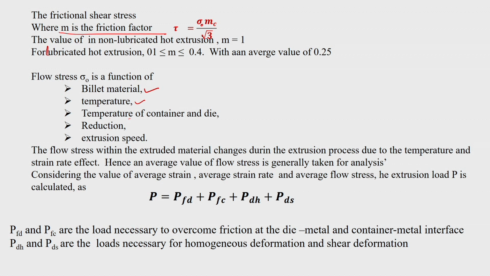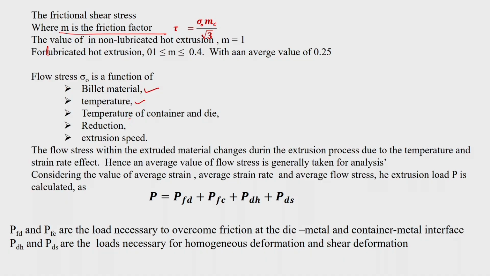Then flow stress also depends upon the reduction. The higher the reduction, the flow stress will be high at the outlet. And another is the extrusion speed, because depending upon the extrusion speed, the metal moves through the deformation zone, and in that process the strain rate keeps on changing, and sometimes you will find that there is an order of magnitude difference between the strain rate at the inlet to the die and outlet to the die. So, the speed also matters.